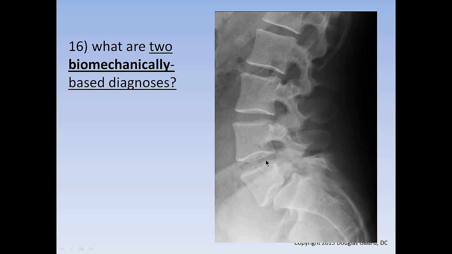Okay, anybody else? What about the size of this? It's kind of a tiny vertebral body here, isn't it? So it's a hypoplastic vertebral body. So this might be some anomalous formation here. But for our purposes, if you see that, it's isthmic spondylolisthesis.